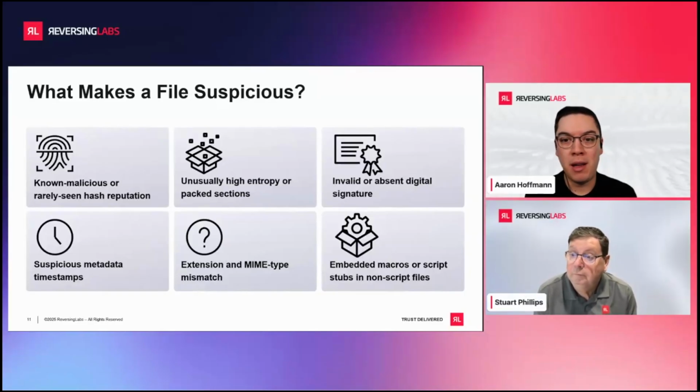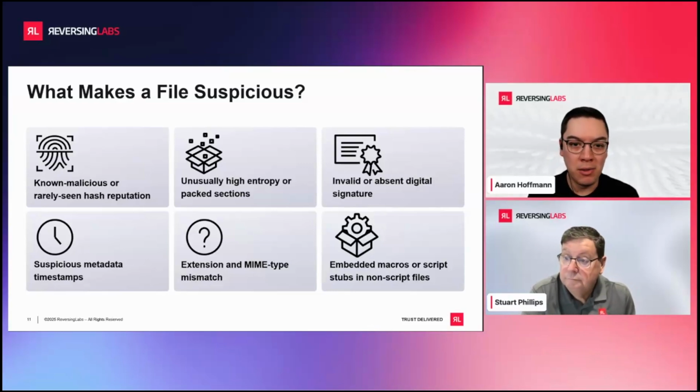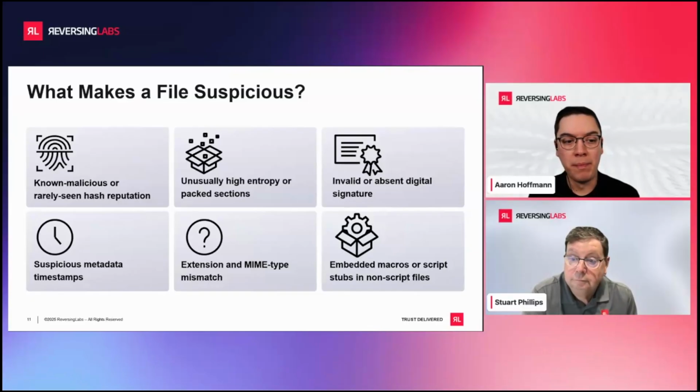Then we're talking about signed files. If, for example, you try and execute a file and maybe Windows pops up and says something like this certificate is invalid, or maybe it's not even signed at all. Those are things that could be suspicious. There is a lot of malware out there that will try and evade detection by using invalid certificates or maybe stolen certificates, things of that nature.